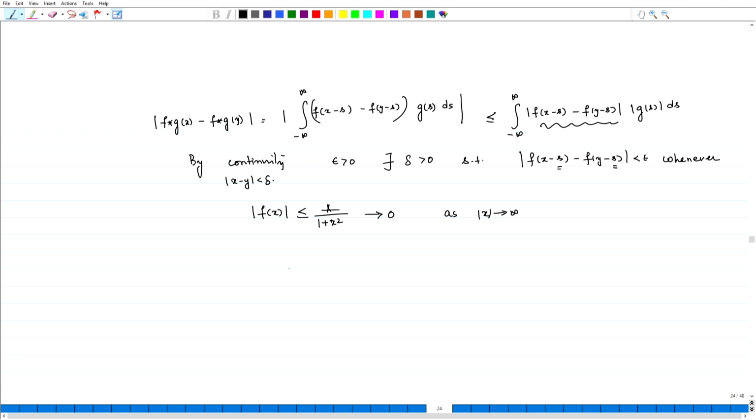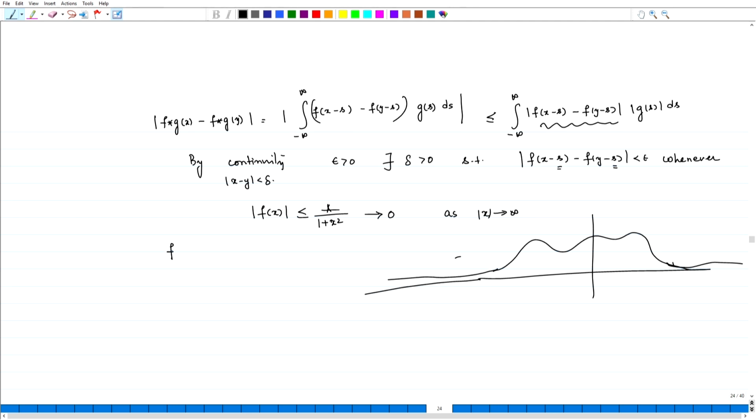Therefore, this function is continuous and around infinity it goes to 0, that means f is continuous, then this is C 0 of R.